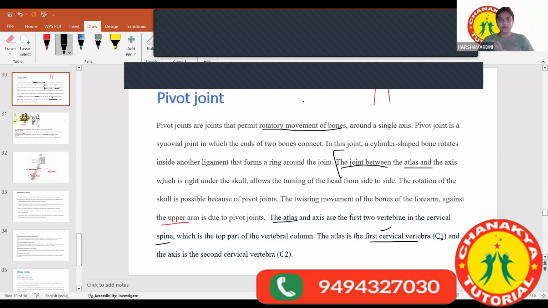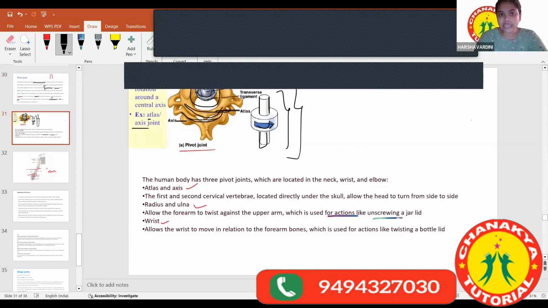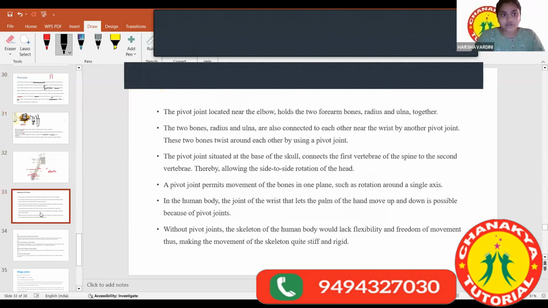The first vertebra and the second vertebra, as we see in the diagram, are called the atlas and the axis. It is exactly here, in the back of the neck. You can move your neck like this, no? So the pivot joint is present in your back neck.